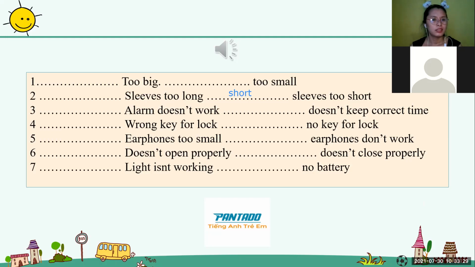It gains about an hour every day. Oh, I can hear it. 4. I'm afraid there isn't a key for the lock on this bag. 5. Oh, 5. I can't hear any sound on these earphones. 6. 6. I can't get this umbrella to open properly. It seems to get stuck. 7. I can't get this torch to work. I don't think there's anything wrong with the battery.